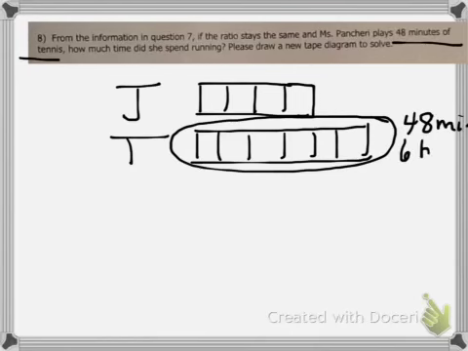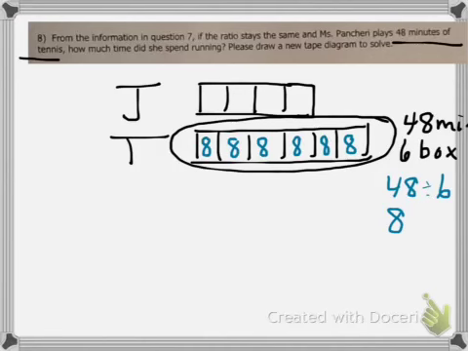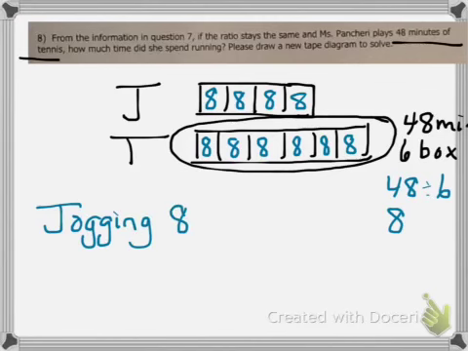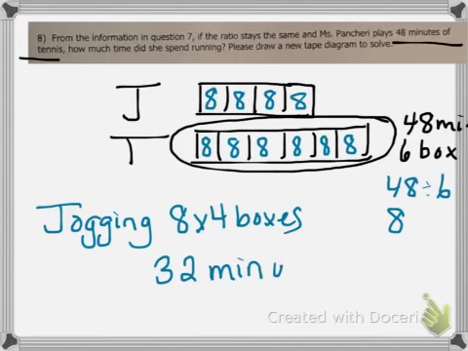Since I have 6 boxes, I need to figure out how many minutes are going to go into each box. So we have 48 divided by 6 gives us 8 minutes in each box. And since each of these boxes have the same unit value, 8 goes up into each box for the jogging as well. And to find out how much time is spent jogging, we're going to multiply our 8 in each box times the 4 boxes, and that gives us 32 minutes spent jogging.